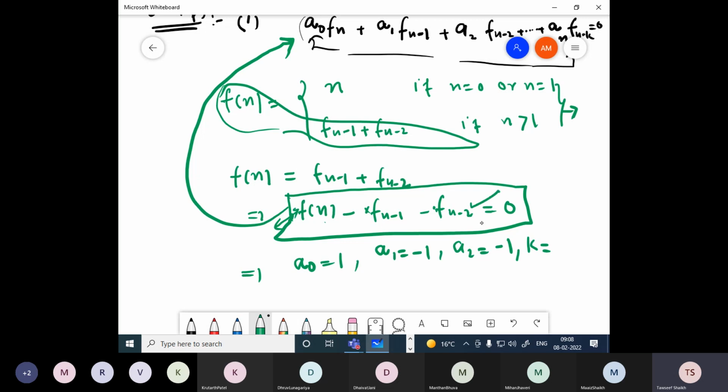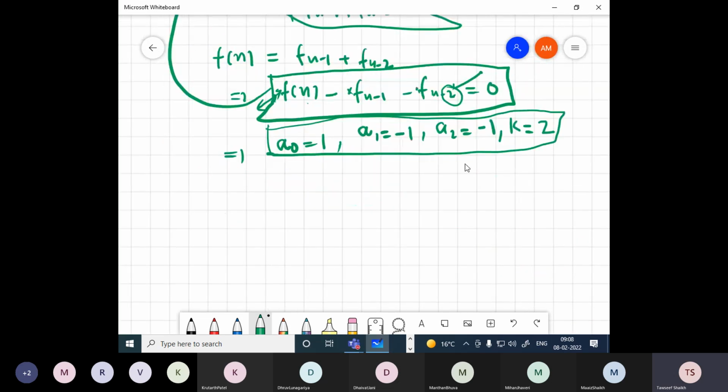So the total highest number of the levels where we are expanding this recurrence, that is the value of K. So we are going to the value 2. So K value will be equal to 2 here in this particular recurrence. Okay. So till now we have been able to find the values of these few coefficients by comparing our recurrence with the standard one. This is step number one.